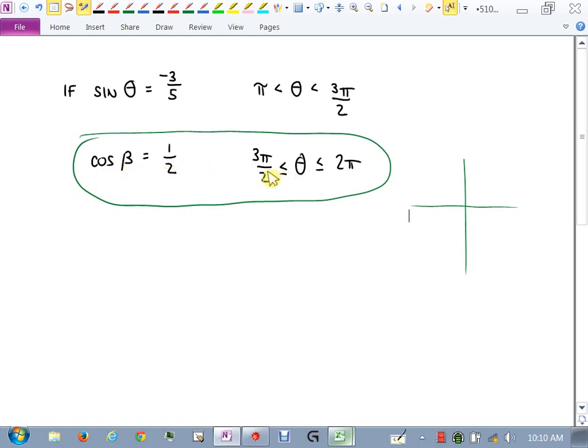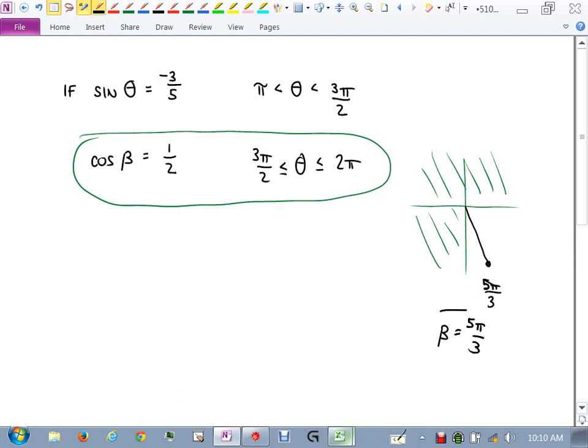But you have to be in the 4th quadrant. What angle is that? 5 pi over 3? Everyone agree with that? So I know what beta is. I'm in business. Beta is 5 pi over 3. Good.